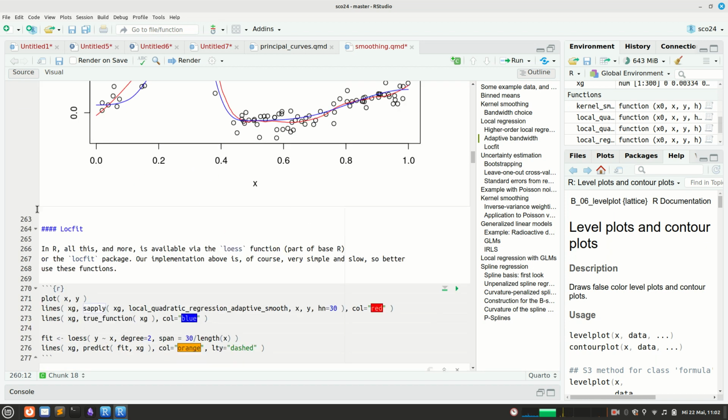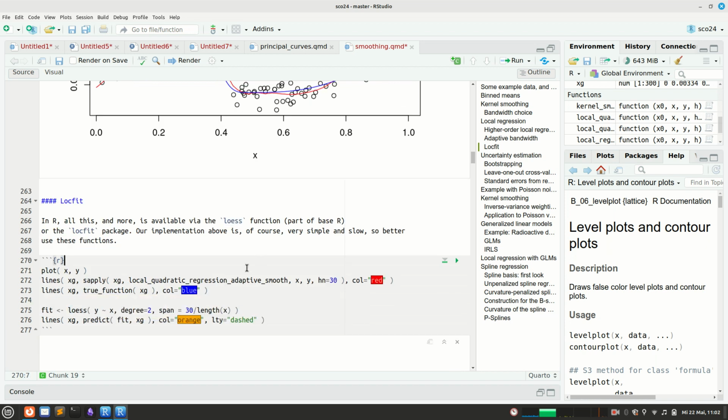So in R, there's this package called locfit, which does all this in one go, or also loess. loess is a standard R function. locfit is a package which adds a few extra things. So this loess function does more or less the same as what I've just explained so far. You just tell the loess function, I want to fit the y values on the x values.